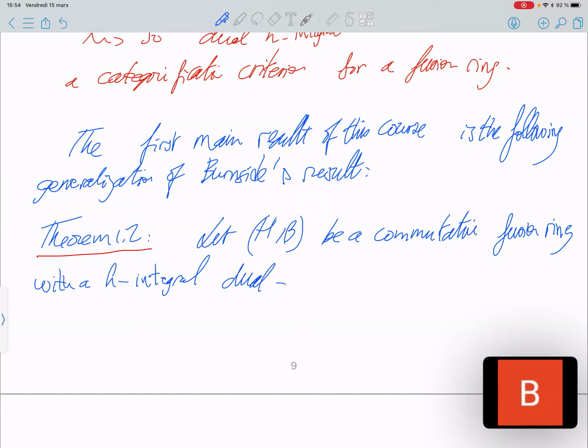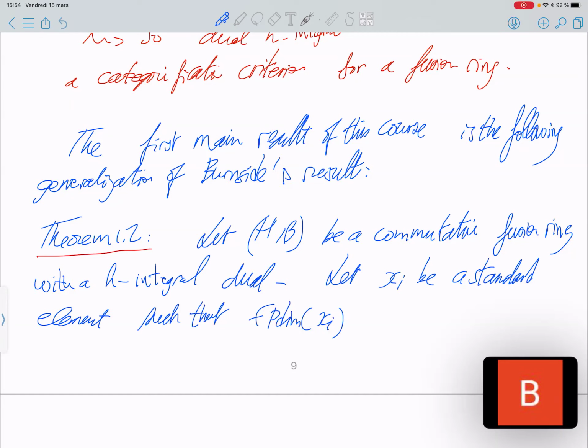So let xi be a standard element, so an element of the basis, such that the Frobenius-Perron dimension of xi is different from 1.